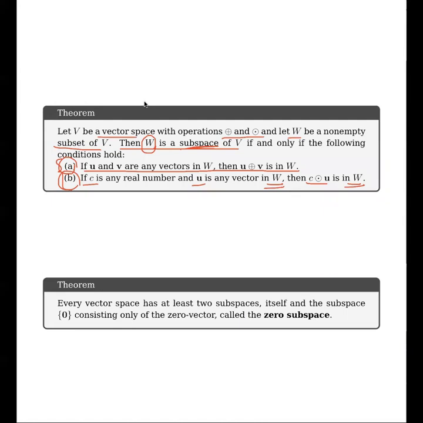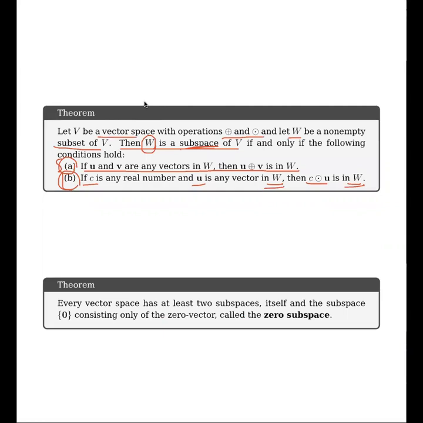The proof is very easy for this one, because we know that the other properties are already satisfied, V being a vector space, because V being a vector space means all the other properties will hold in the larger space.